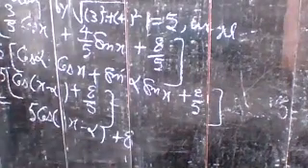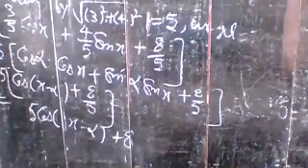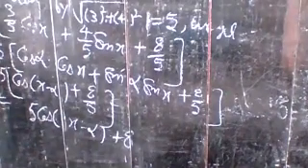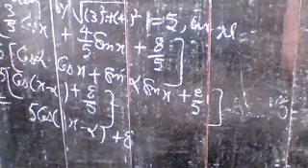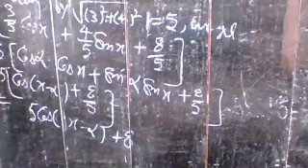Now you use this result to find the maximum and minimum value of the function. You well know that the value of cos x or sin x is greater than or equal to -1 and less than or equal to 1, because the range of cos x and sin x is already known.